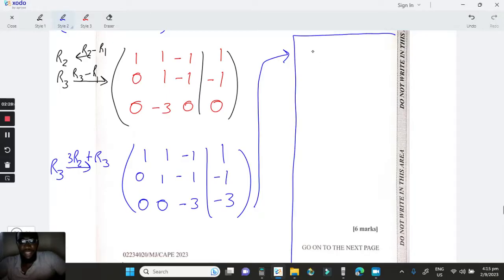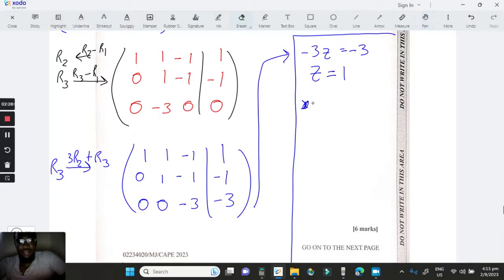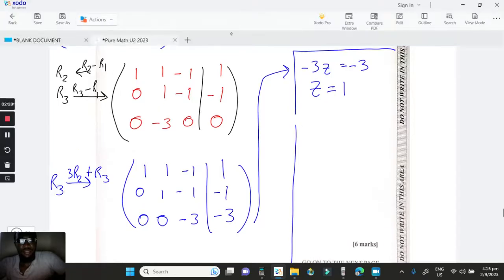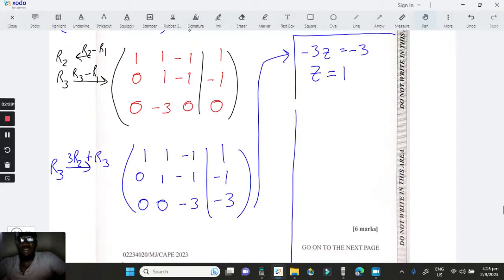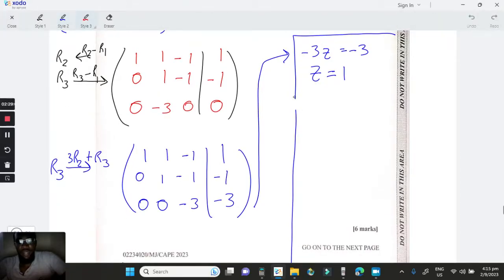So from that, we're seeing that negative 3z is equal to negative 3. So z is equal to 1. In the next part now, y rather, y minus z is equal to negative 1. So y minus 1 is negative 1. So bring over negative 1 by adding 1 to both sides.